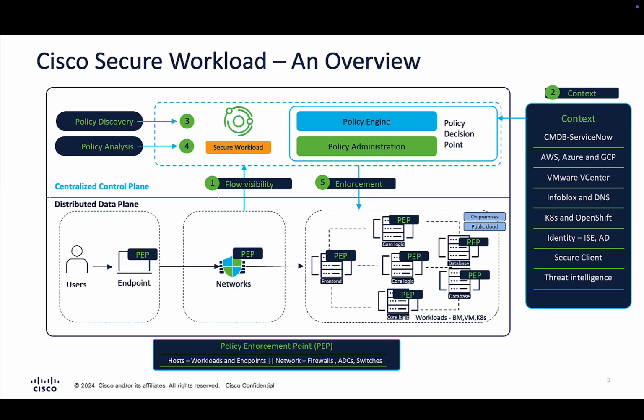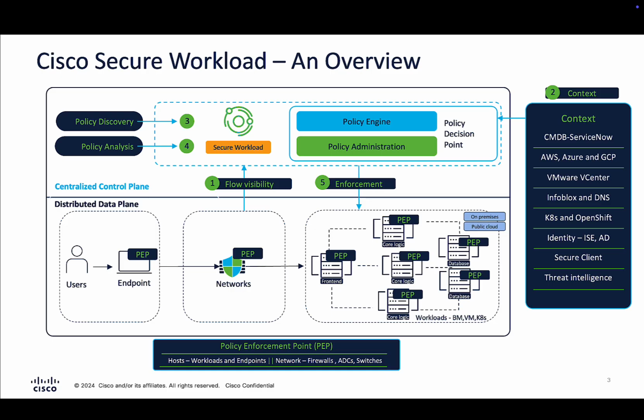For example, this could be your ServiceNow, where application teams are maintaining the records about the workloads that they are developing. This could be tags and metadata coming from AWS, Azure, GCP, or tags and metadata stored in the vCenter. Likewise, other sources of information could be DNS, Kubernetes annotations.